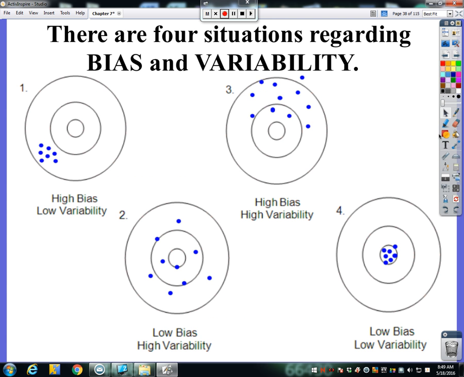Now, we talked about bias and being an unbiased versus biased estimator, and we've talked about some variability before. So there's four real situations here regarding sampling distributions. Our ideal situation here would be number 4, that we have low bias, we have little to no error, and we have very little spread. And so if we were thinking about a target, each one of these little hits here might represent a different sampling distribution.